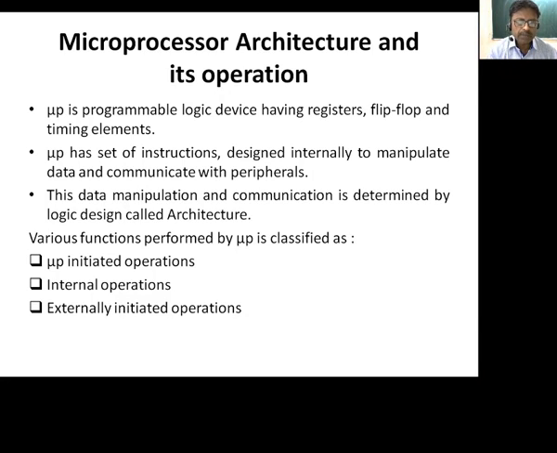The microprocessor reads these instructions one at a time, matches what kind of instruction it is, and performs the manipulation of the data, which is governed by the instruction itself.